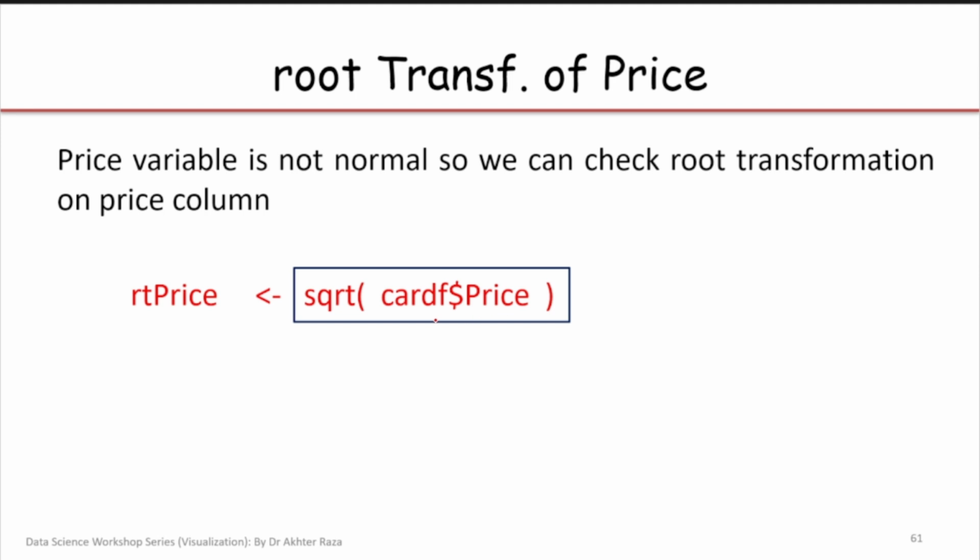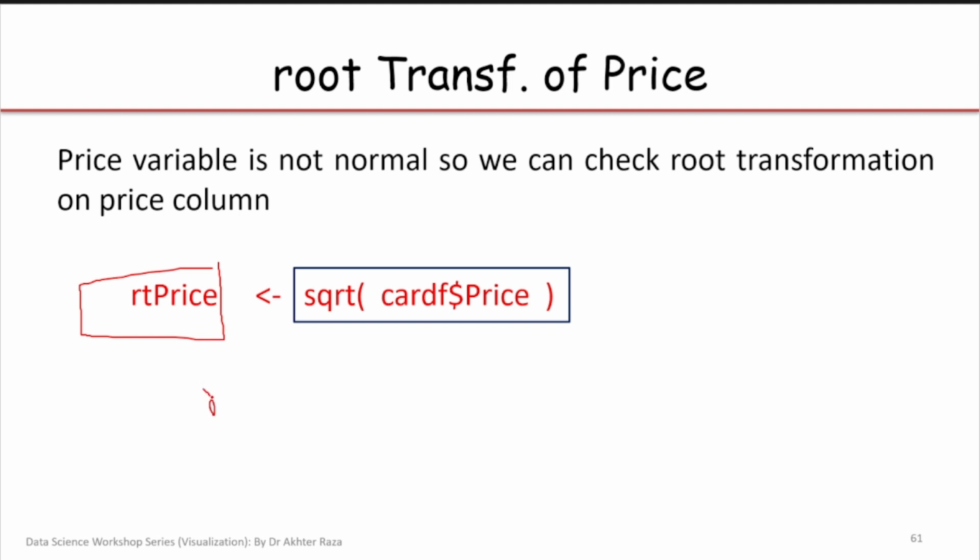We have a variable of prices. The square root of every price is computed and then stored in a new variable, which is referred to as RT price. RT stands for root price. This is a user defined variable name. You can use any variable name on the left side, but remember we cannot have spaces in the variable name.